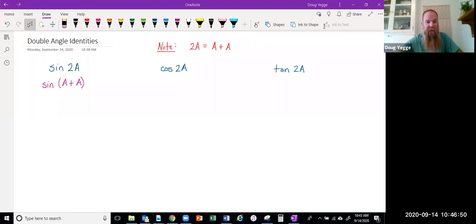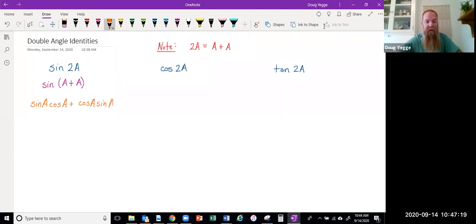So in other words, to find sine of a double angle, we need to realize that 2a is the same thing as a plus a. So we can use that fact to our advantage because we know a sum formula for sine. It's simply sine of the first, cosine of the second, plus cosine of the first, sine of the second.